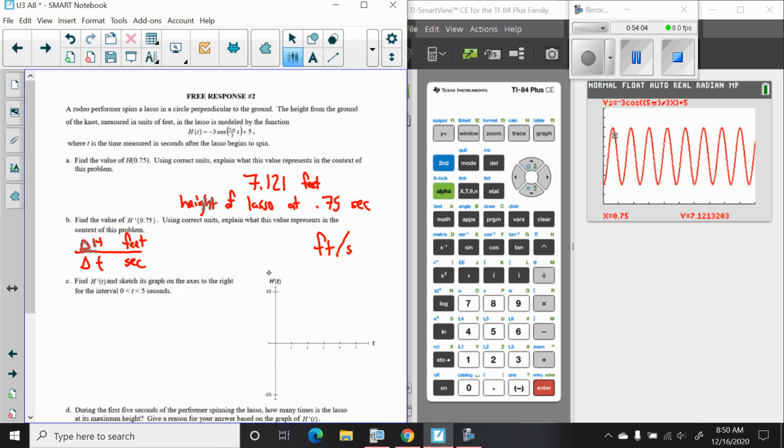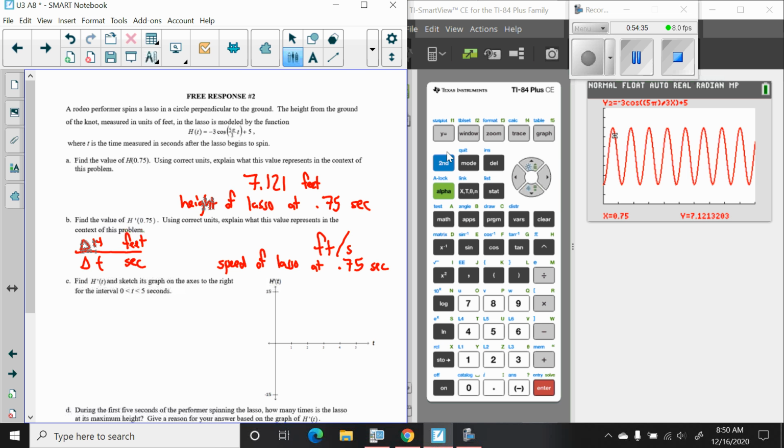And this is going to be the speed of the lasso at 0.75 seconds. It's a rate of change, right? Maybe I should say the rate of change. So it could have a negative speed, could have a positive speed. But there we go. So maybe I should say velocity rather than speed.